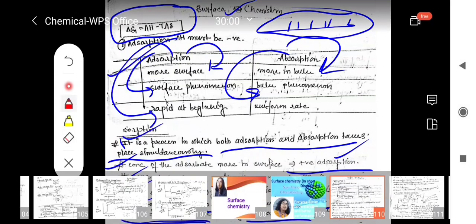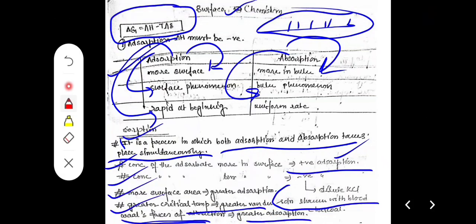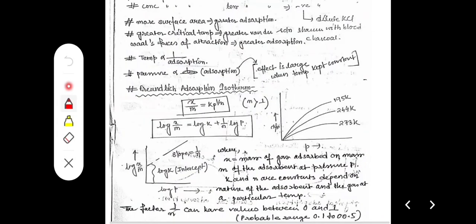Now we consider an example: dilute HCl solution shaken with blood. We get negative adsorption. Up to this point we can conclude: more surface area, greater adsorption. Greater critical temperature means greater van der Waals force of attraction, so greater adsorption.